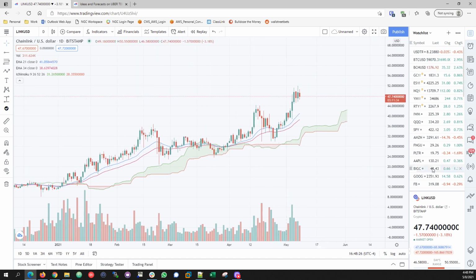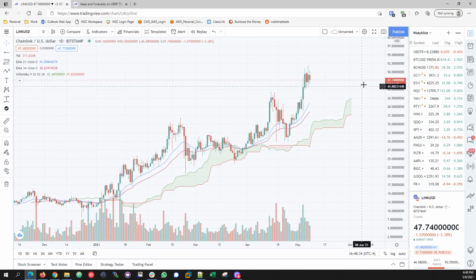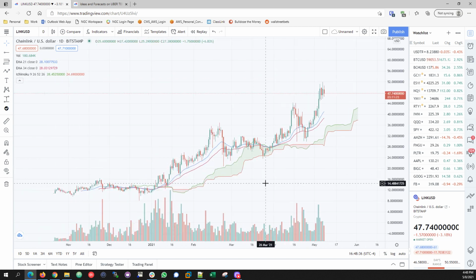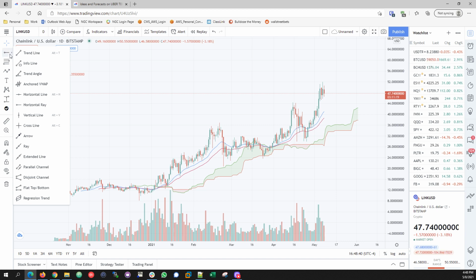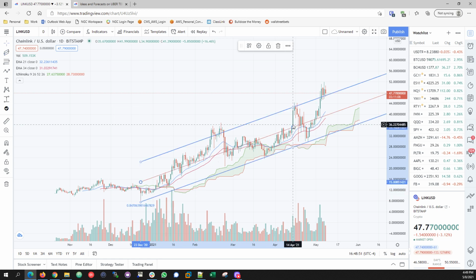However, I'm not an expert on crypto, and I don't know how cryptos work in the sense that, let's say Bitcoin blows up, would it affect Link? Because we have things like, if something happens to Twitter, you'll see Snap reacting with it, or if something happens to Uber, you'll have Lyft reaction.